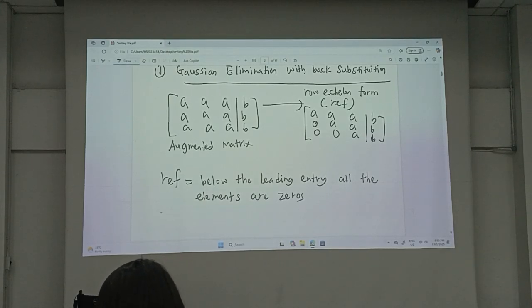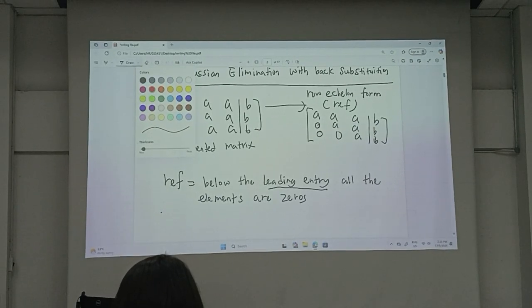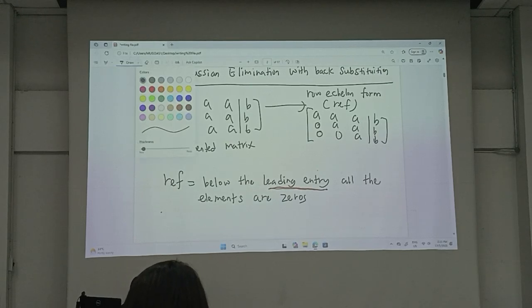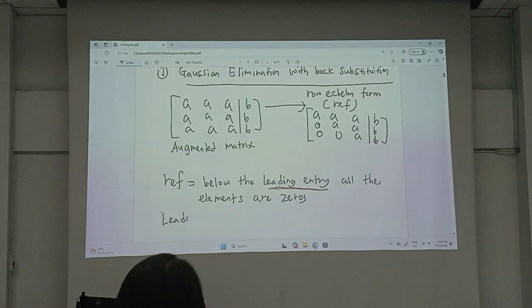So first of all, what does leading entry mean? Let's go through this. A leading entry is the first non-zero element in a row.